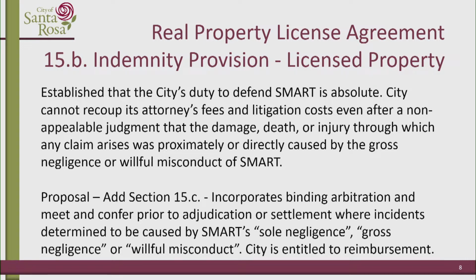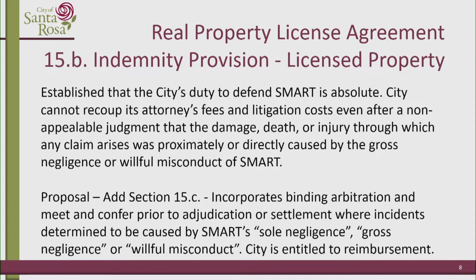Because under our duty to defend, SMART was in charge of making decisions relating to settlements without the city's input. The language that's in there now allows the city to have a voice at the table when it comes to settling these cases. It's a good place for us to be, and the language helps provide us with a seat at the table when we get into those scenarios, so that we're not just covering any illicit behavior that SMART might have that relates to an incident or an injury.